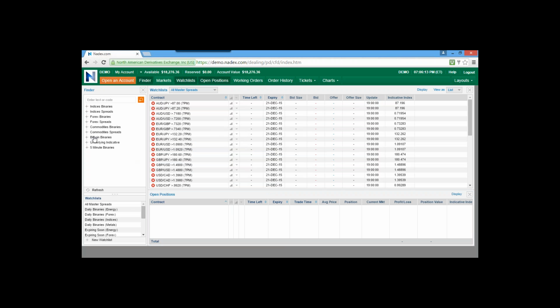That way you can get familiar with the platform, with binaries and spreads, the different products that Nadex offers, practice entering and exiting orders, get familiar with the ticket system, and test out any new strategies or systems that you may be checking out, as opposed to using your real live money for that. You always want to use your demo to play around and test something new, and get it mastered in demo before you move into live.